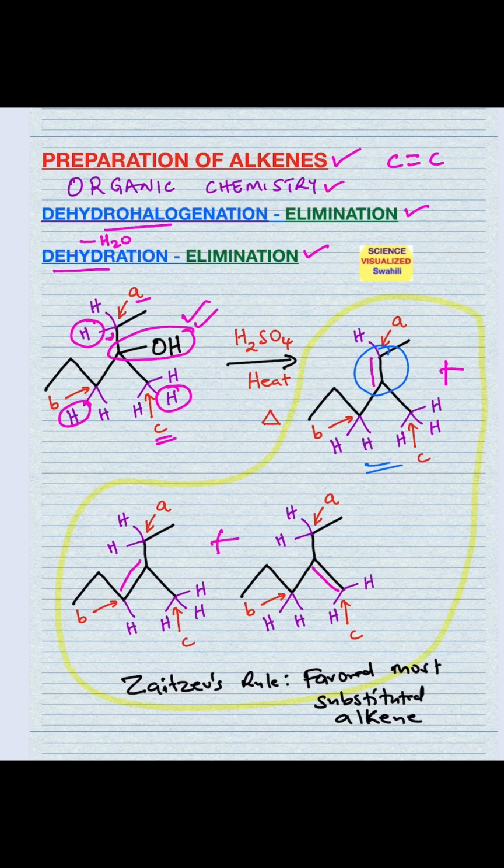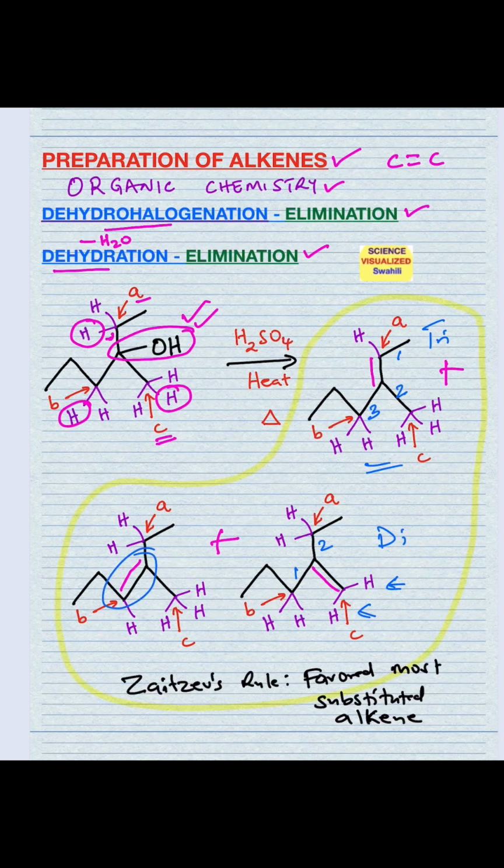Then we count the number of alkyl groups around the double bond, and they are 1, 2, and 3. So that's a tri-substituted alkene. And if you look at this alkene double bond, the number of R groups or alkyl groups is 1 and 2. There's nothing on these two positions. So that will be a di-substituted alkene.